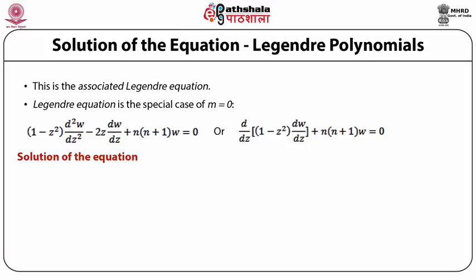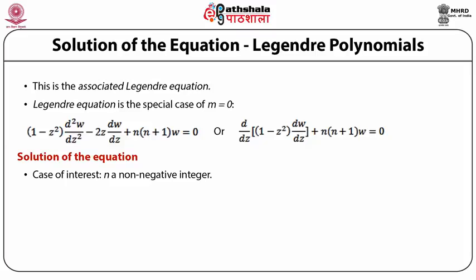Although the parameter n can take any value, even complex values, the case of general interest is the one in which n is a non-negative integer, and that is the case we will study.